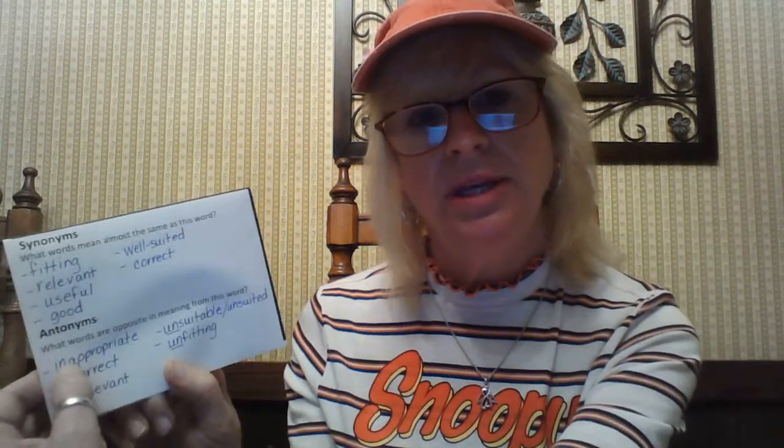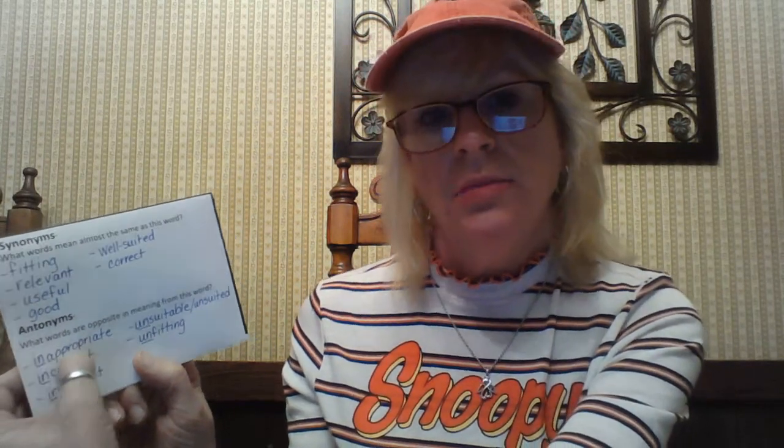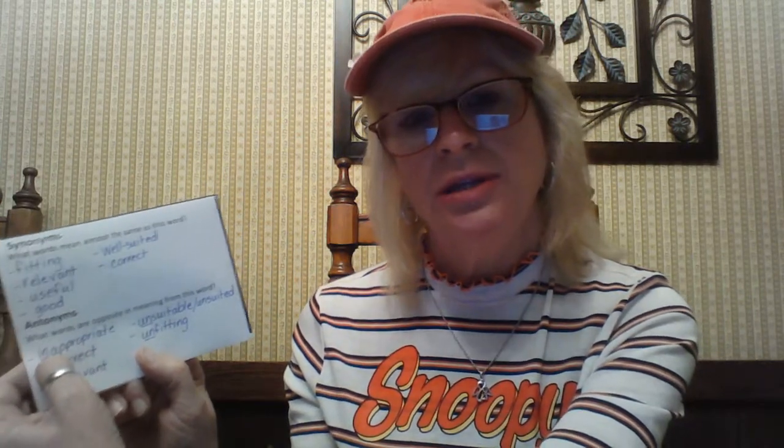Now the antonyms, you're going to notice on my list, the antonyms are made using prefixes. Inappropriate, okay, so what does the prefix in mean? When you see the letters in, many times on the beginning of a word, it is a prefix, which means it's been added to the beginning of the root or the base word. The in means not. So it means the opposite of, not appropriate. Incorrect is not correct.